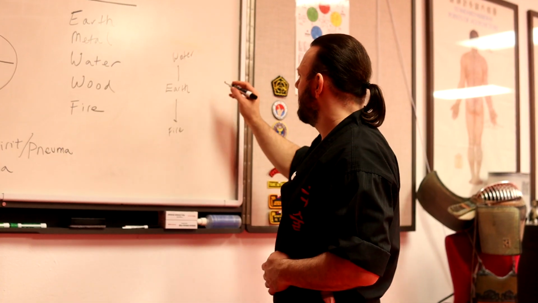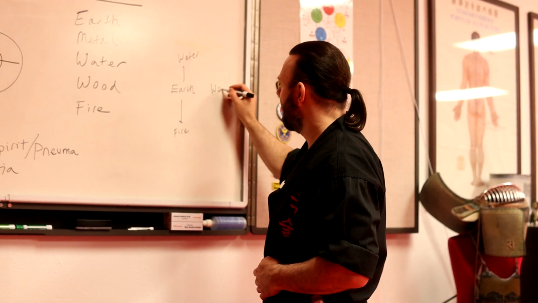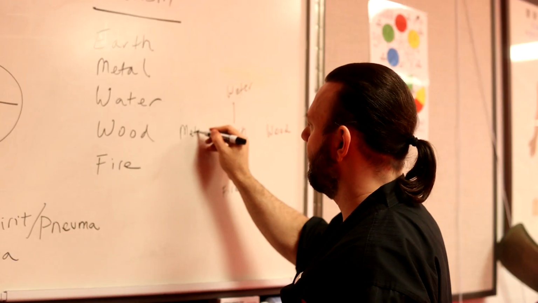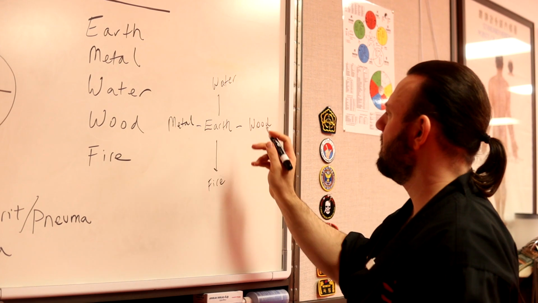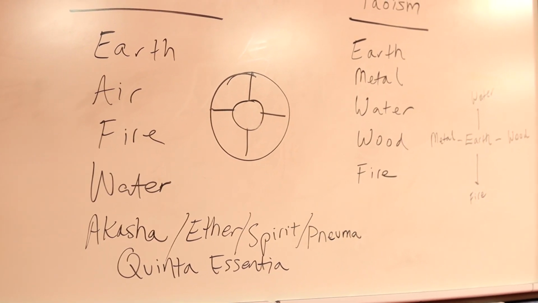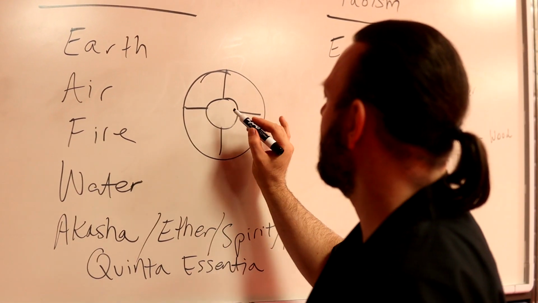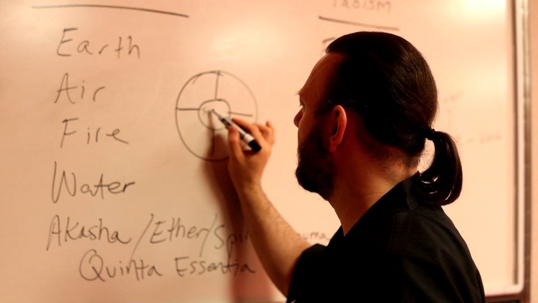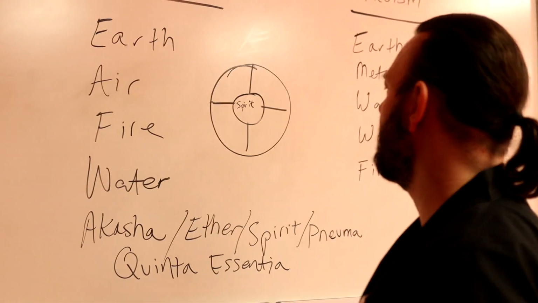That leaves wood, which they put in the east, and of course metal, which they put in the west. So already we can see a similarity between this and the 5-element Buddhist system. In that original system we described over here, the central element was spirit or quintessence, the 5th element.